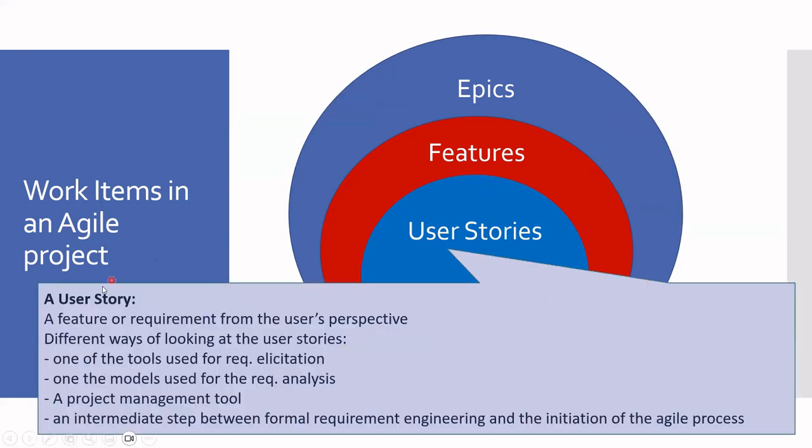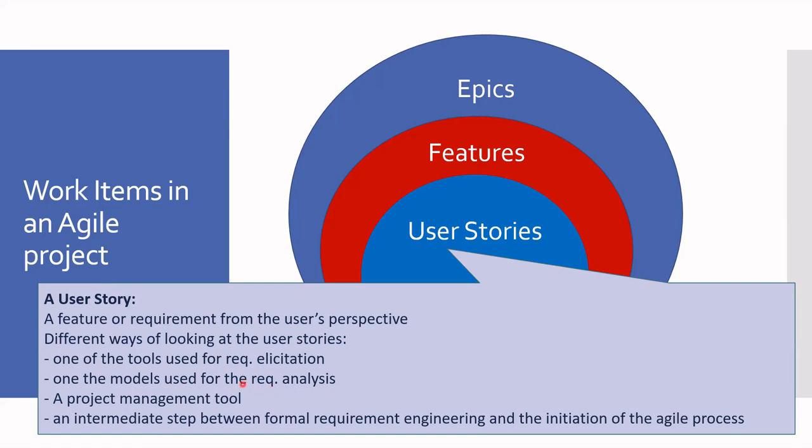Now, a user story can be seen from different perspectives. You can see it as a requirement elicitation tool, or you can see it as a requirement analysis tool. If you look at the agile extension of the BA guide, you will see it listed as one of the requirement analysis models. So after the elicitation, you organize or reformat the work in terms of user stories.